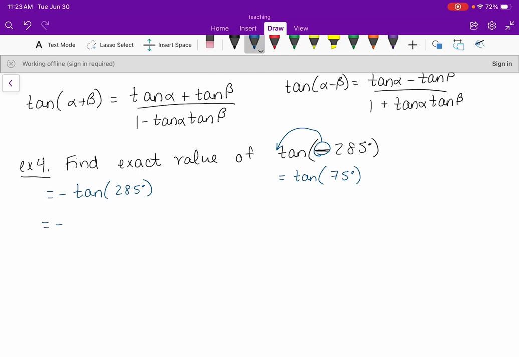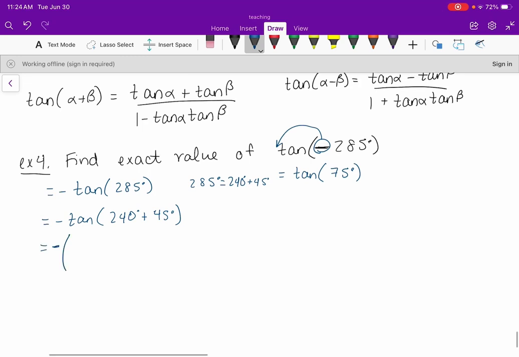So I have this negative for 285. Let's see. 240 and 45 could work. So let's just do that. So I'll have tangent 240 plus 45. And I'm going to plug it into my identity.